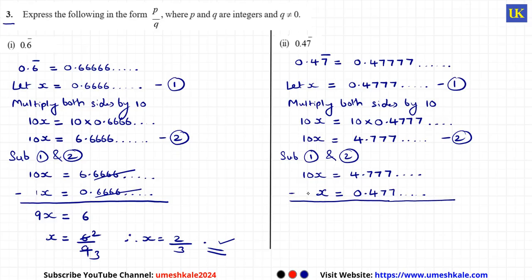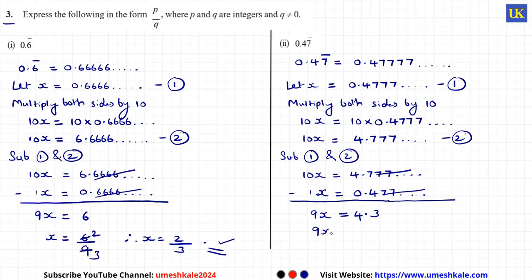Nothing is there means 1 is there, so it will become 9x is equal to, all these repeating parts will get cancelled, 7 minus 4 is 3, and this is 4, so 4.3 we have.